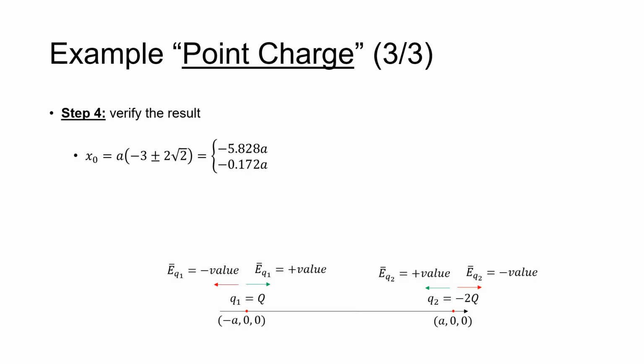To verify this, let's look at the field. We have the field equation E equal to Q, so let's make it just Q like this, over 4 pi epsilon naught multiplied by R squared, in the direction of a. If we look at the first point here, if we go in this direction it is positive. The charge also is positive, plus Q here. Then the total value is positive.